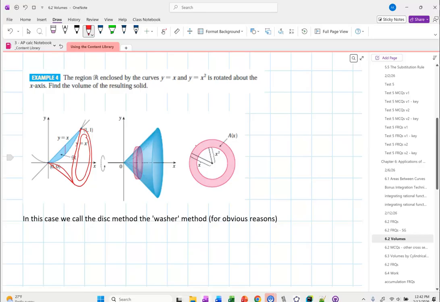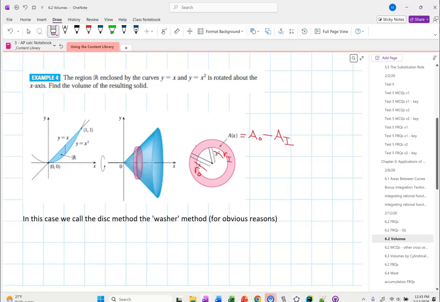So my area function is going to calculate the circle with the outer radius, and I'm going to subtract from it the circle inside. Is everybody okay with that idea?